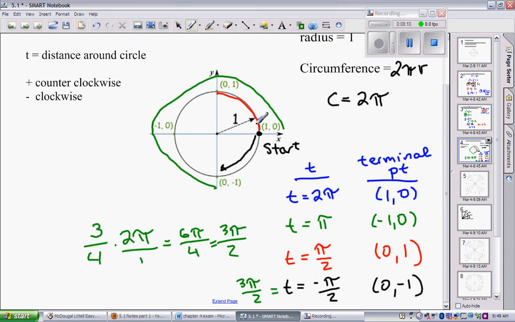You can also go, perhaps, 6 pi, if t was 6 pi. 1 pi, 2 pi, 3 pi, 4 pi, 5 pi, 6 pi. We ended back up at the terminal point (1, 0). So we can take out multiples of 2 pi.